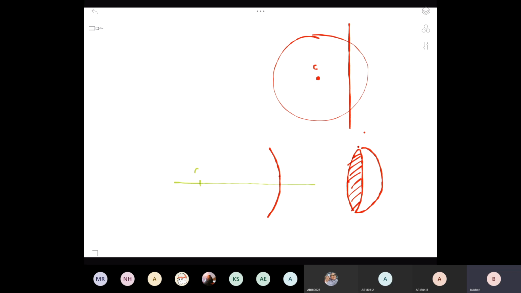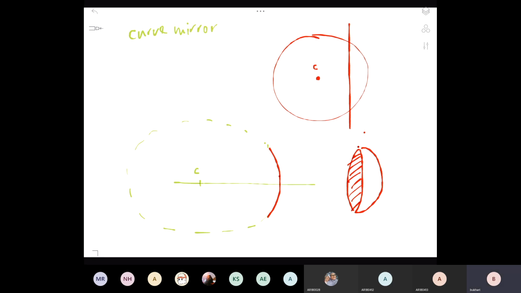Okay, actually this part is only a small part of a big circle, right? Okay, that is C, and this is actually what we call mirror, a curved mirror. Curved mirror.